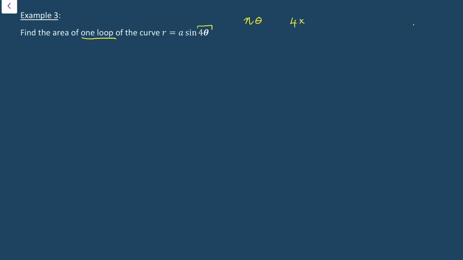So in this case, I'm going to have 4 times 2 loops or leaves in this curve. So I need to find the period for which this is happening. So I'm just going to say in total 2 pi divided by 8 is going to give me pi by 4.